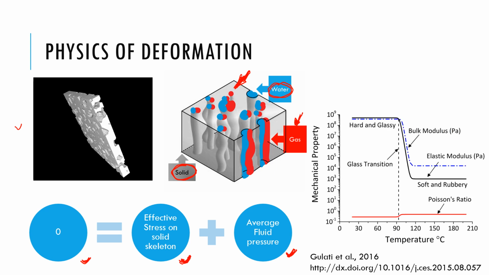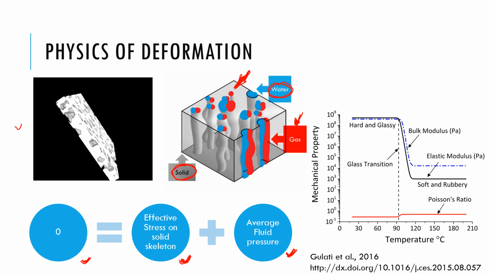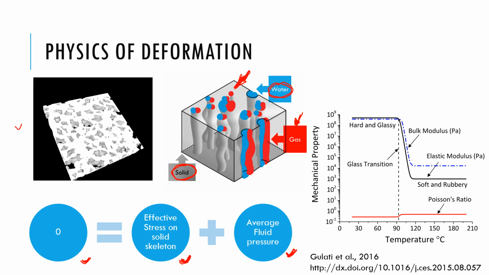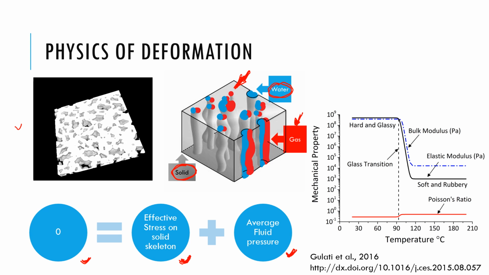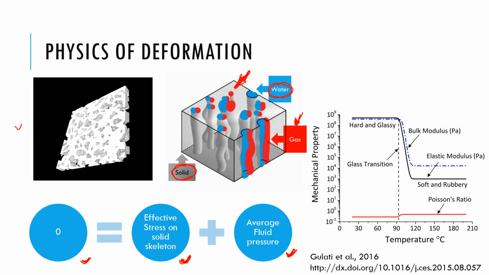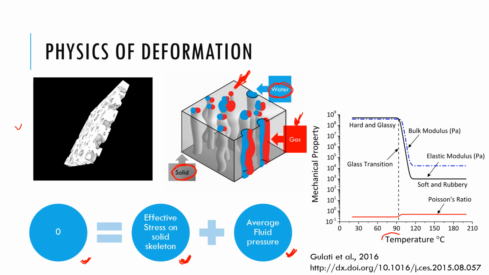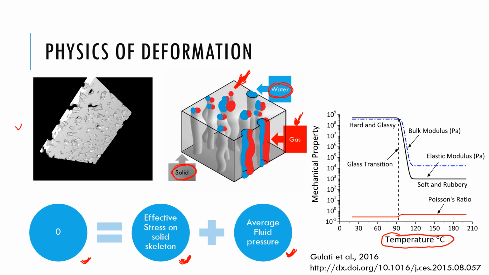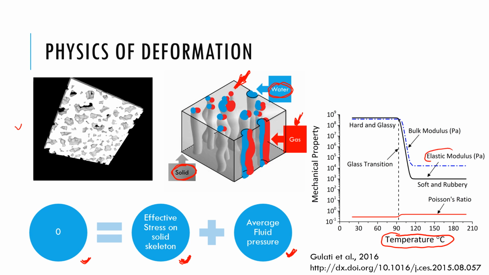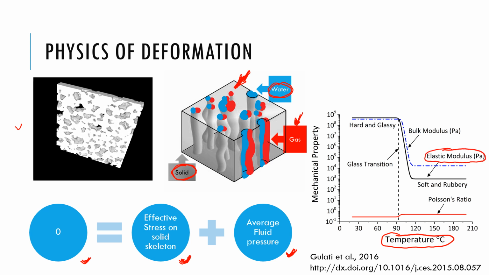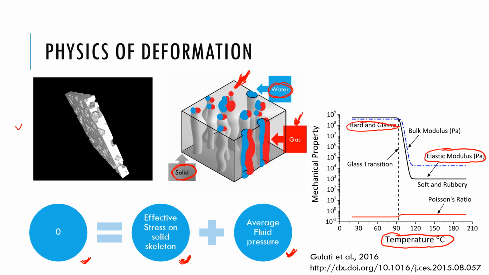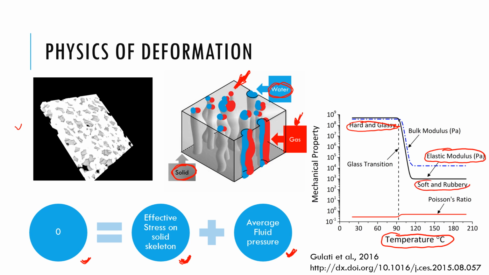So here the rice is treated as hyperelastic and followed by plastic, and there is this huge effect of temperature, as you can see. So the elastic modulus, for example, when it is hard and glassy, it is much higher, and as it's heated, it goes soft and rubbery.